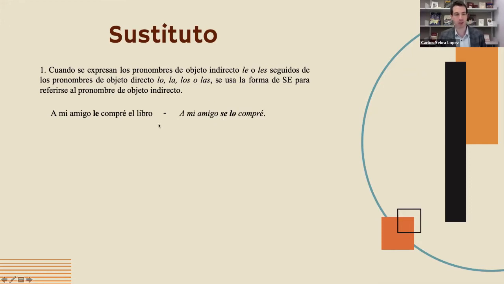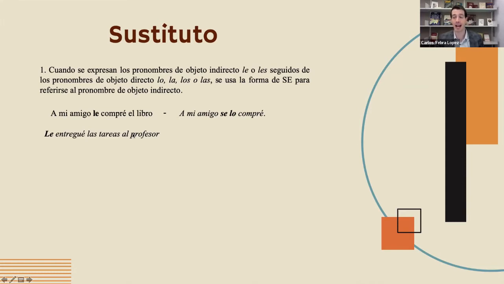It's a substitute. Another example, if I say le entregué las tareas al profesor, meaning I handed the homework to the professor. Well, in this case, we have a direct object, which is the homework, that which I handed, the direct recipient of my action of handing something. And then the professor, who is the indirect object, because it's the indirect recipient of my action of handing something in.